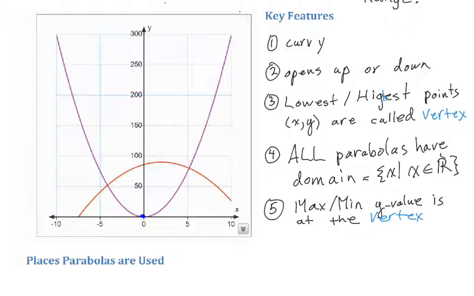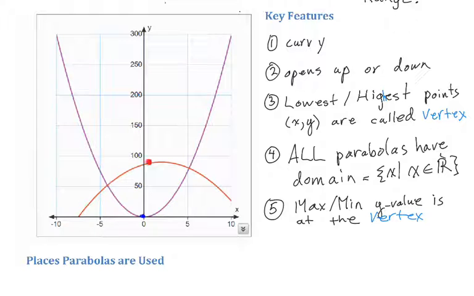You'll also notice that if I ever decided to, I could split this purple parabola exactly in half. And you'll notice that this imaginary line that I'm drawing here, that would split this parabola exactly in half, literally goes through the vertex.